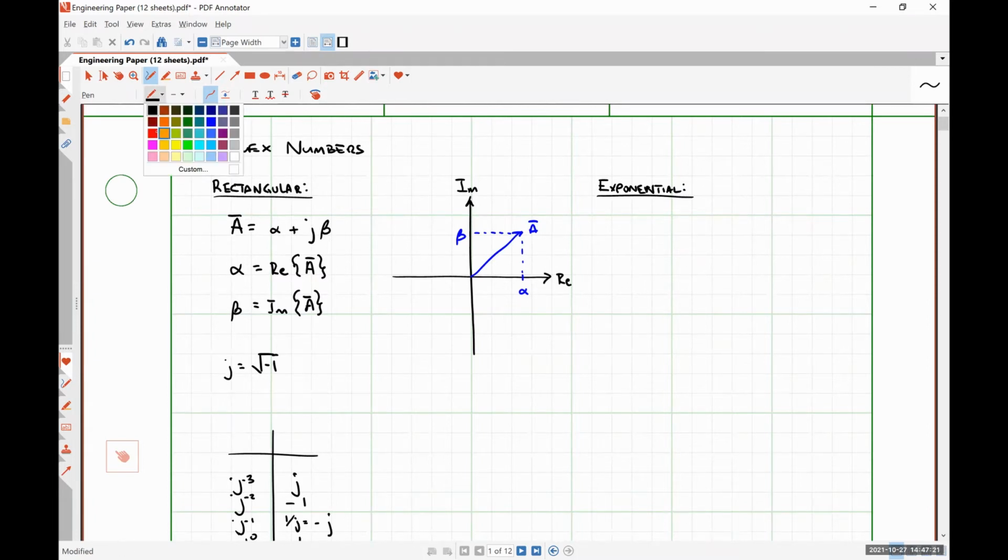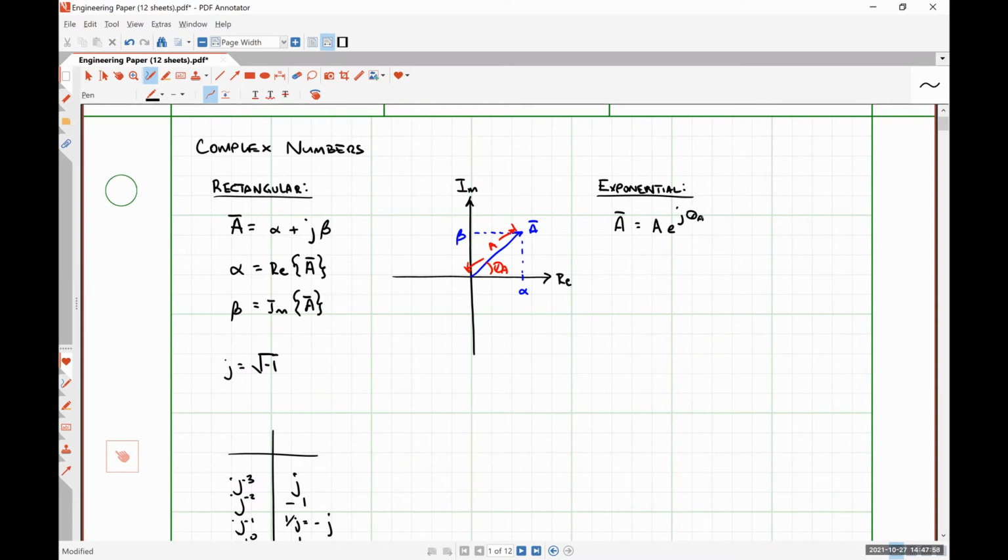I can say that this two-dimensional vector, complex number A, has a magnitude that is just capital A, no bar over it, and it forms an angle, theta A, with the real axis, such that my complex number A could also be expressed as A e to the j theta A.